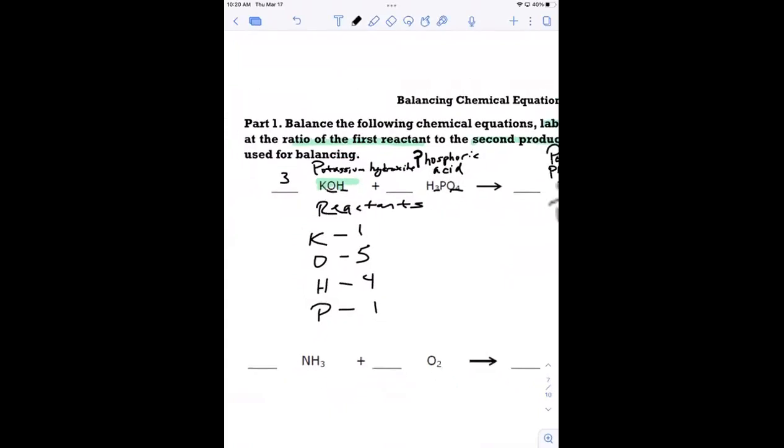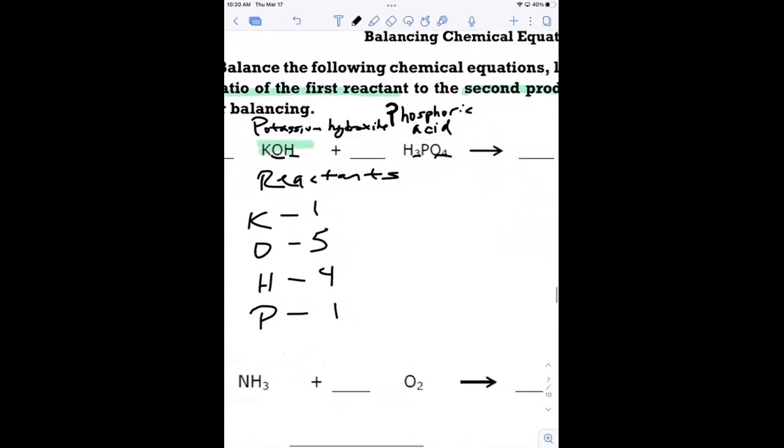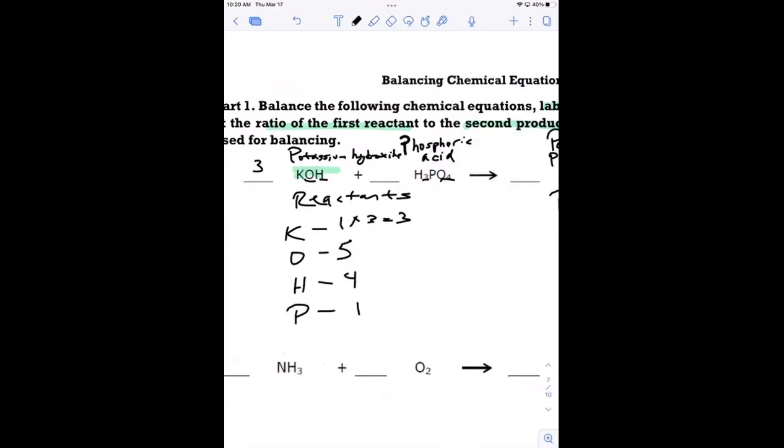all right, that's going to make this times 3. So now we'll have 3 potassium atoms. It's going to add 3 oxygens, right? So we started out with 5.